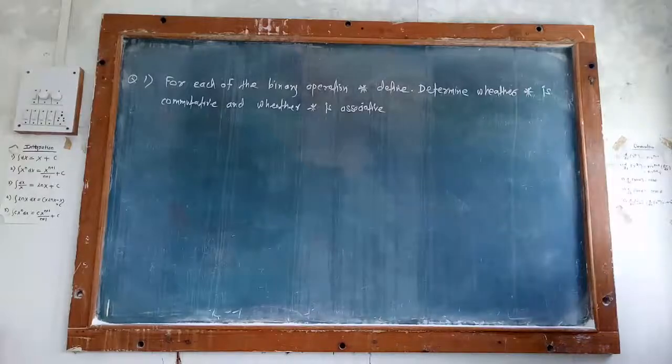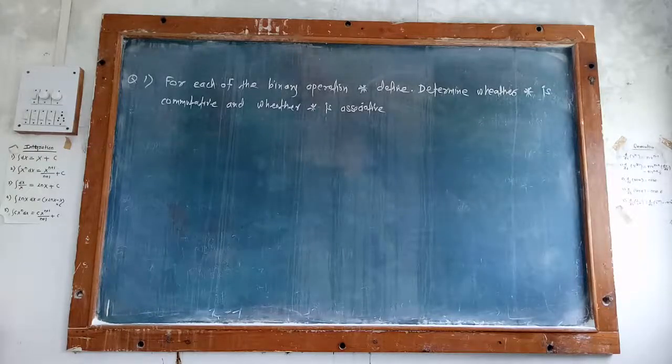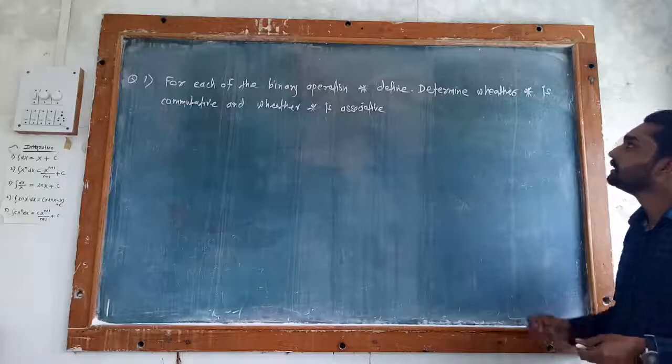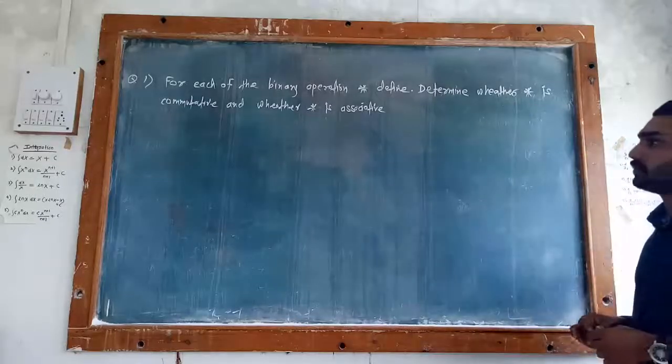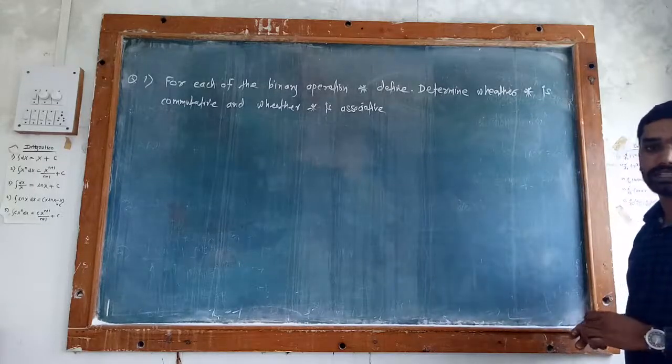What is your question? For each of the binary operation star defined, we have been given a binary operation star, and we determine whether star is commutative and whether star is associative.